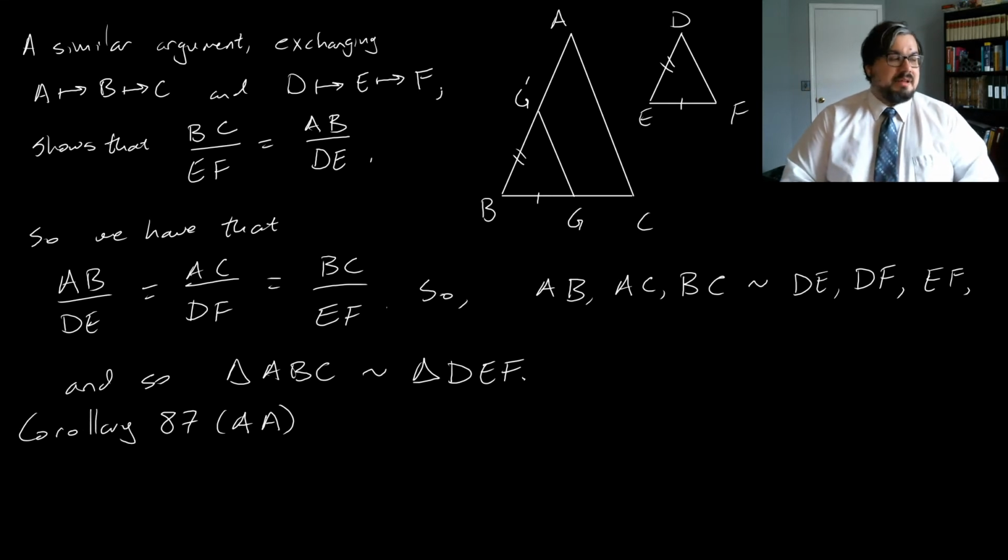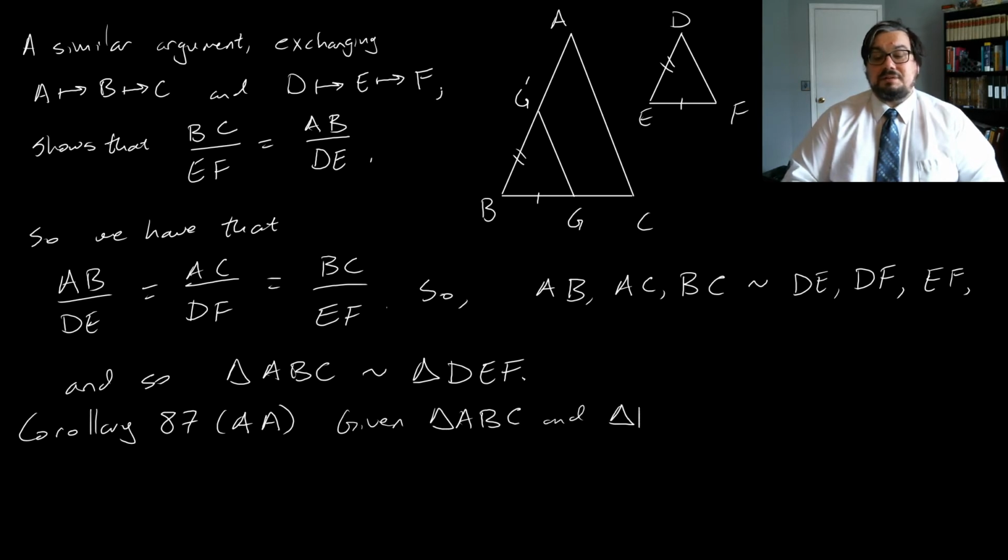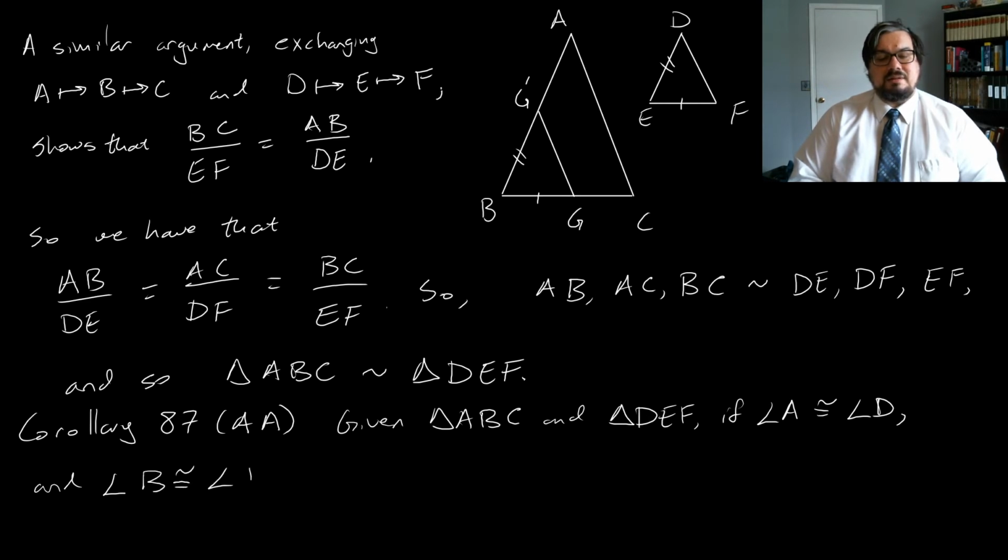Corollary 87, angle-angle, says given triangle ABC and triangle DEF, if angle A is congruent to angle D and angle B is congruent to angle E, that is, if we have two pairs of congruent angles, then the triangle ABC is similar to the triangle DEF.